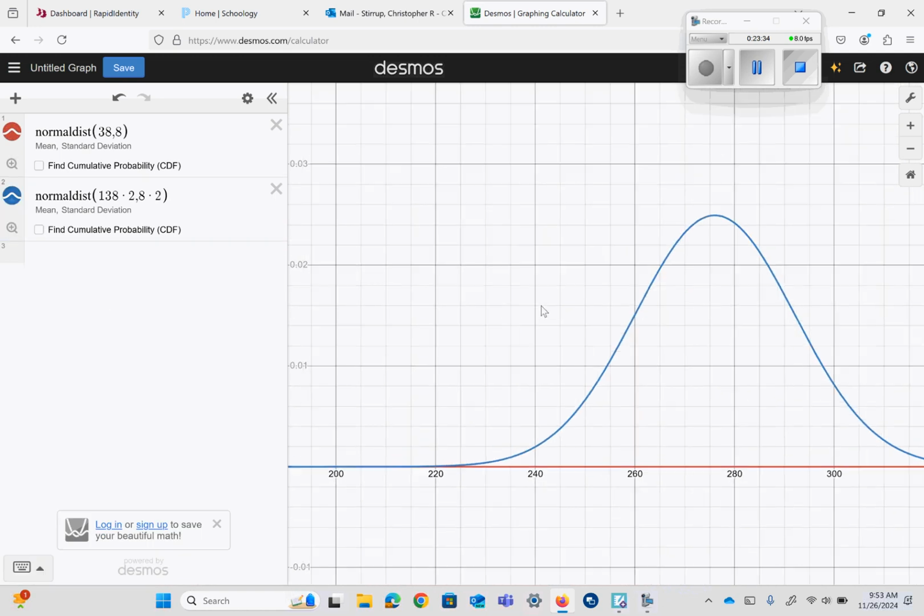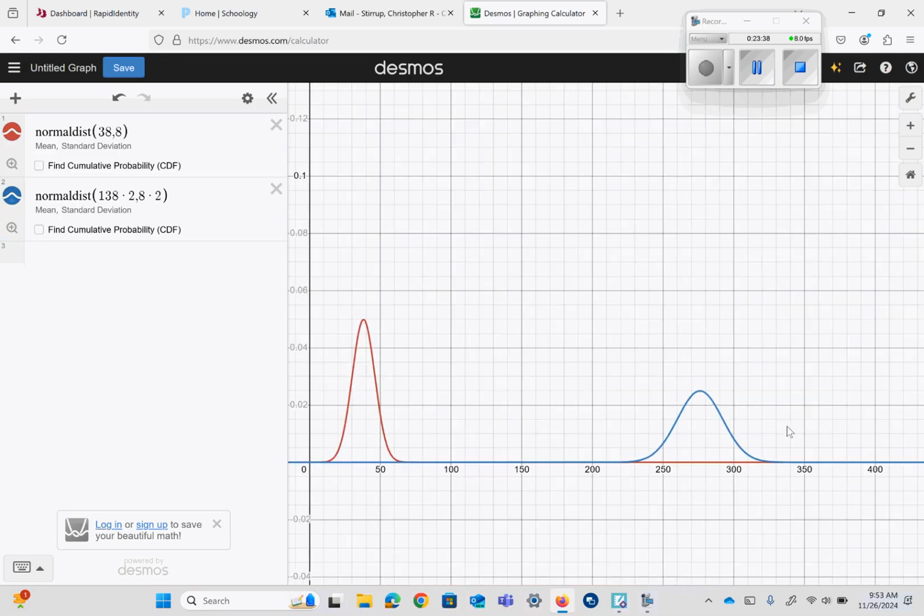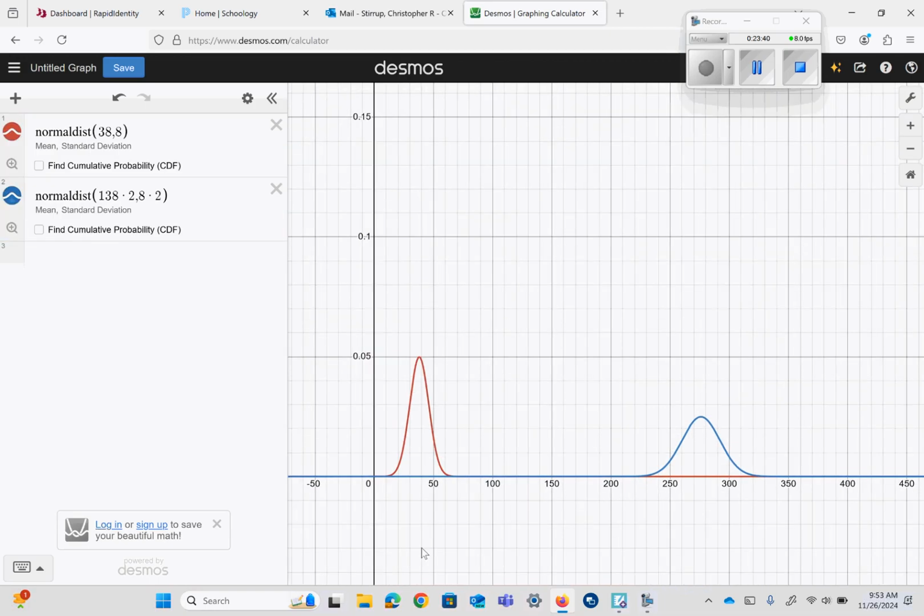Okay, so basically if you wanted to see what the difference was between them. The red was the original one. Look at what happened with the blue because I doubled it. It totally shifted to the right by a factor of 2, but it also spread out the normal distribution. It made it shorter as well. I think this is 138. Yes, it does. 38 times 2.